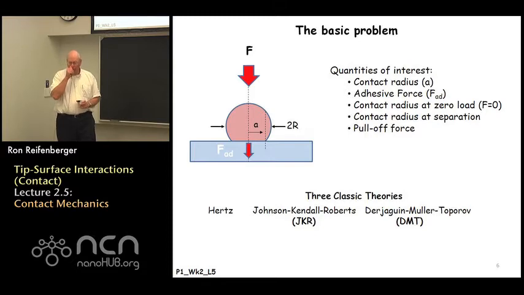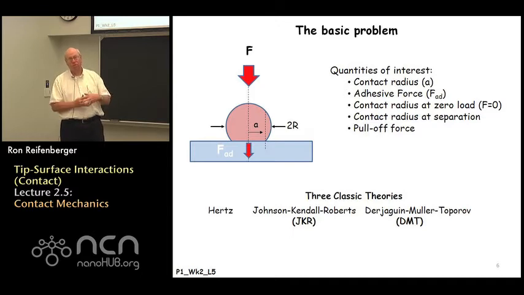The basic problem involves solving a general set of equations with boundary conditions that are appropriate to the geometry that's specified. So, in particular, we're interested in the contact radius of our sphere when it's pushed into the substrate with a force F. We're interested in predicting any adhesive forces that develop between the sphere and the substrate.